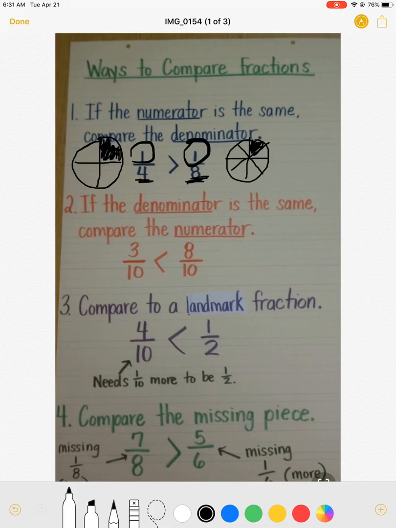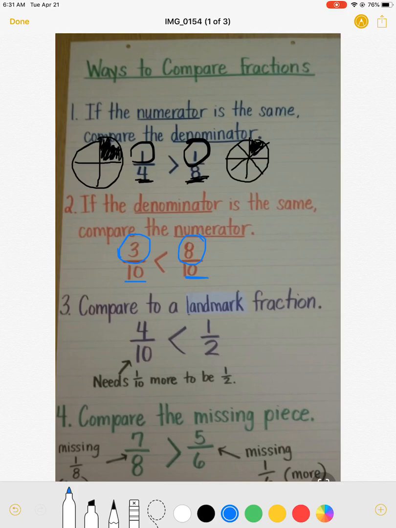Number 2, if the denominator is the same, compare the numerator. So we have the same denominator, 10 and 10. So it's divided into 10 pieces. Now we're going to look here at the numerator, the number on top. 3/10 and 8/10.